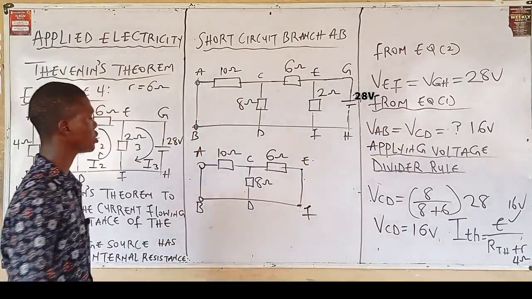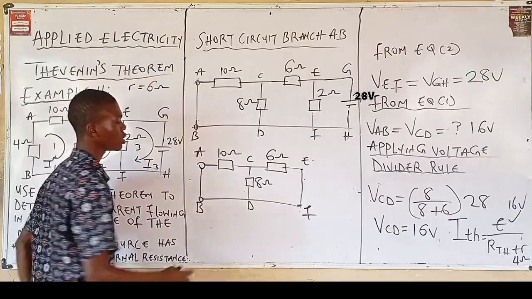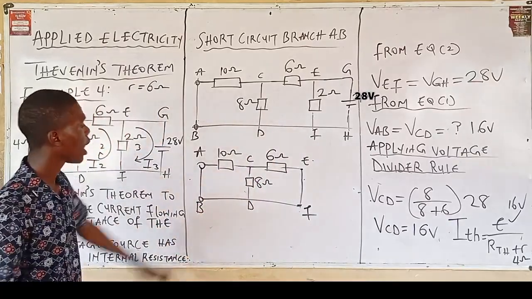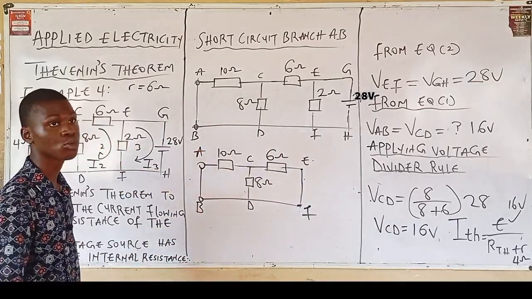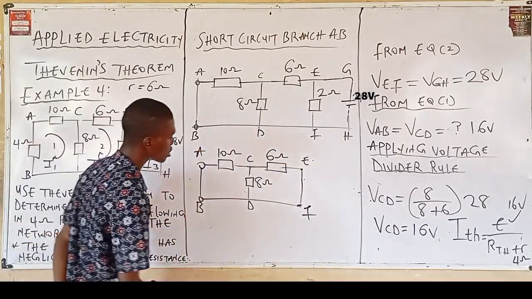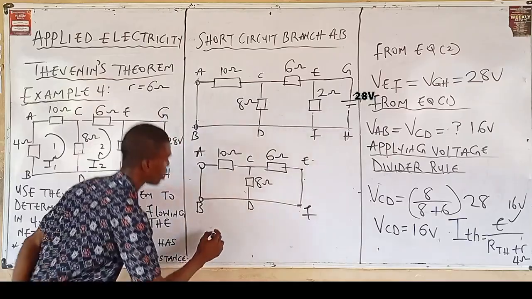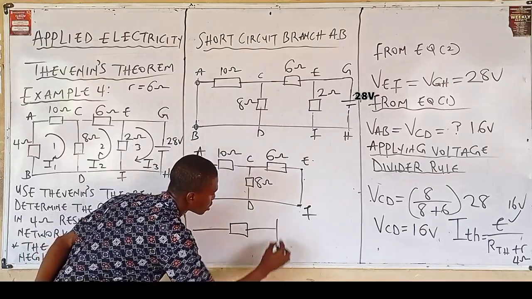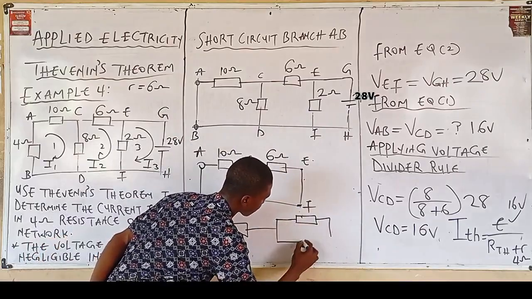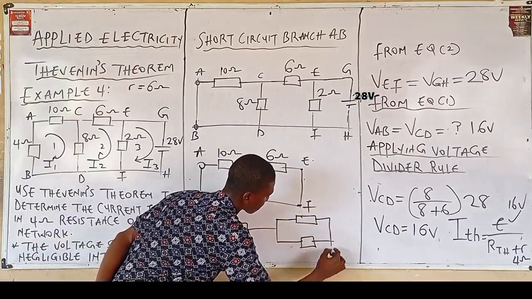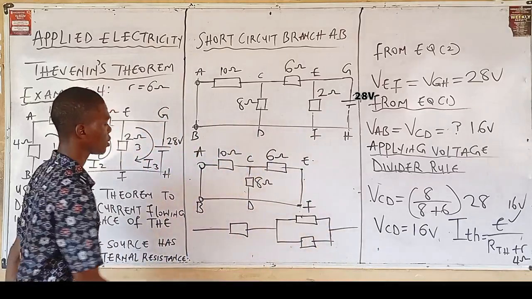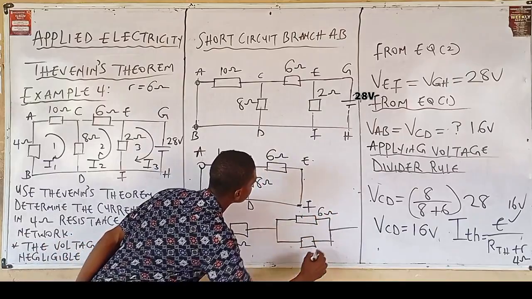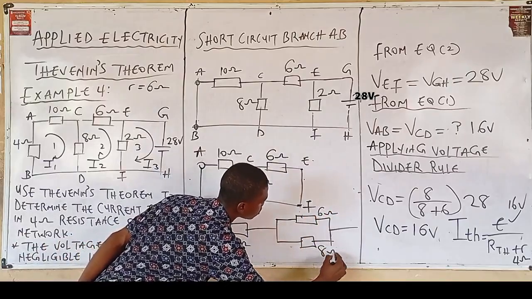Solving for RTH, your 8 and 6 ohm resistors are in parallel and they are also in series with the 10 ohm resistor. Meaning this circuit can be redrawn as this: this is the 10 ohm resistor, this is the 6 ohm resistor, and this is the 8 ohm resistor.